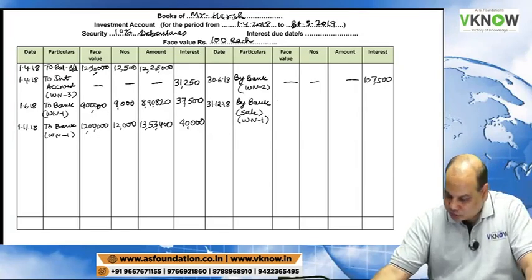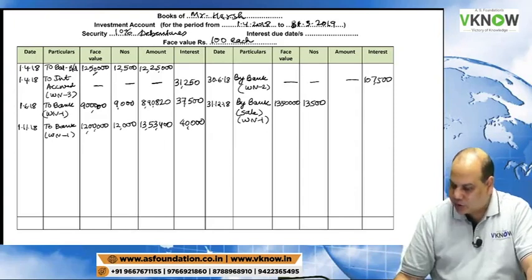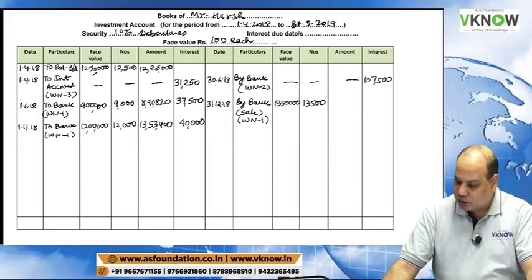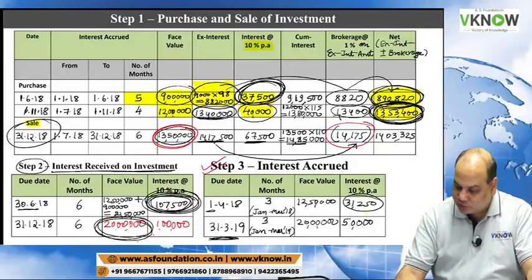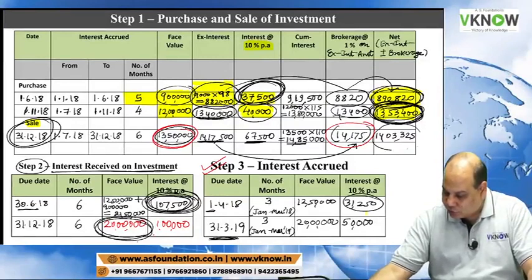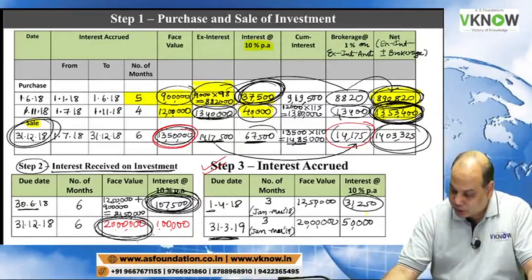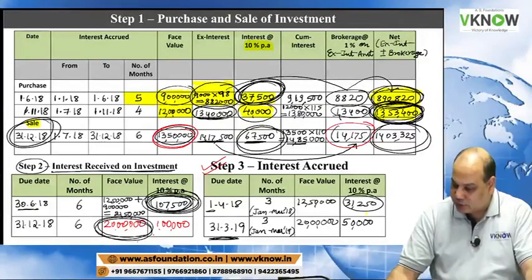You have sold 13,500 units, which means 13,50,000. Go to working note 1, sale. On the screen, sale, last column: 14,03,325 and interest is 67,500.